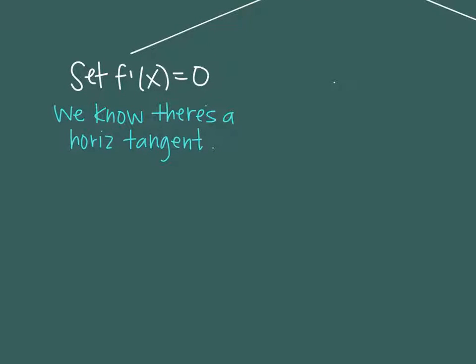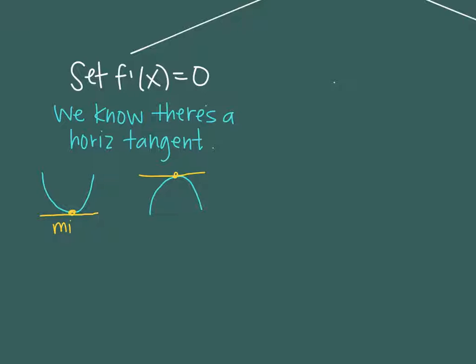So either it is sitting at the bottom, at the lowest point of a concavity section, or we know it's sitting at the top of a different kind of concavity section. And so if you just check the concavity, you'll know if it's a max or a min.